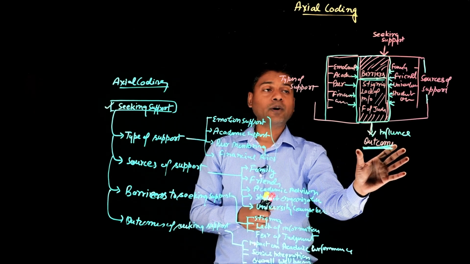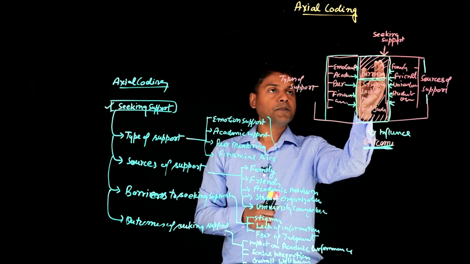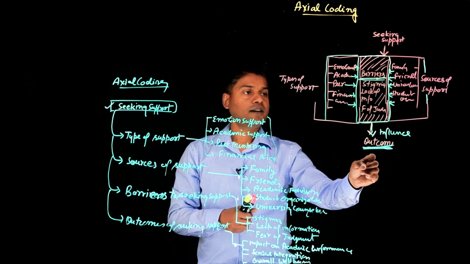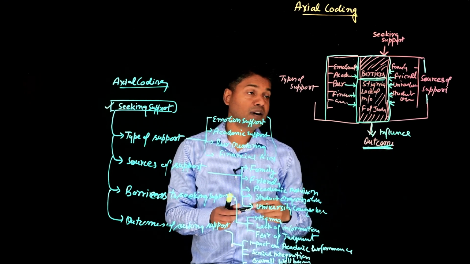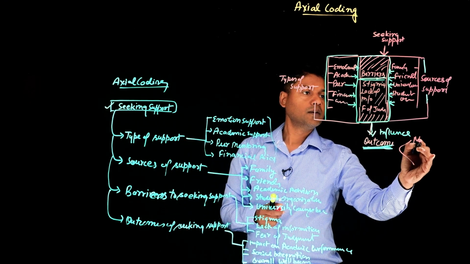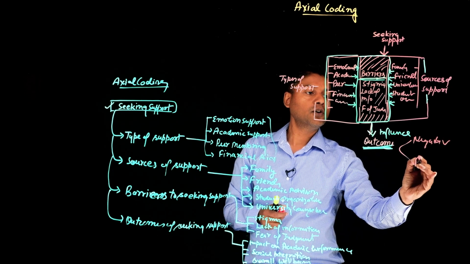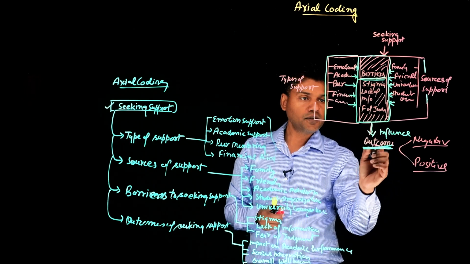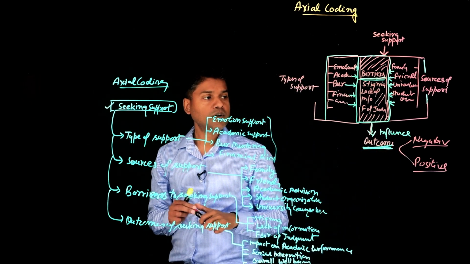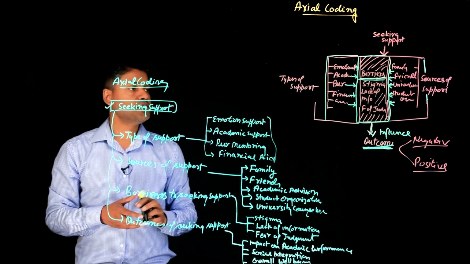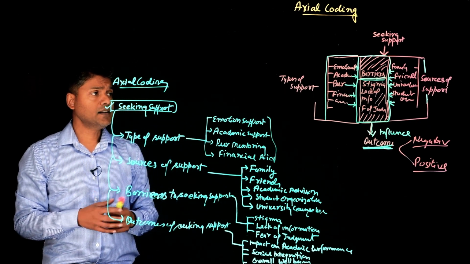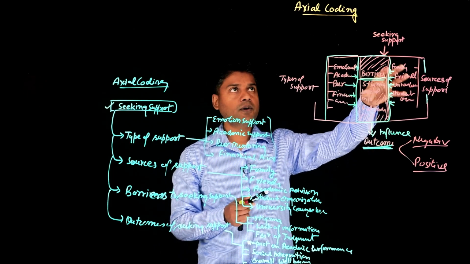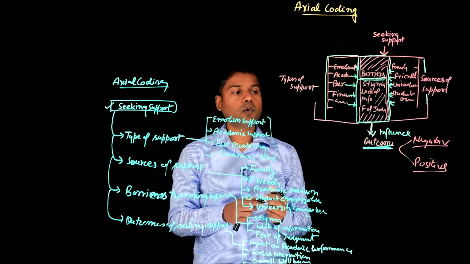So there will be a positive outcome if the barriers are addressed effectively, and if not, it might lead to a negative outcome. So here you see a connection that barriers influence the outcome of the adaptation process. And that's a relationship that we could develop here as part of our axial coding.